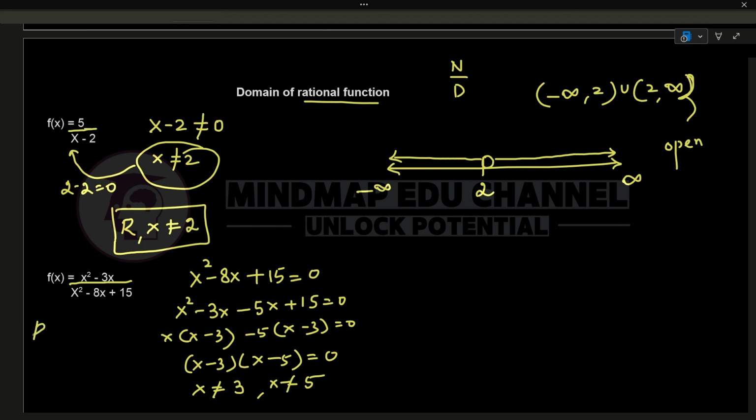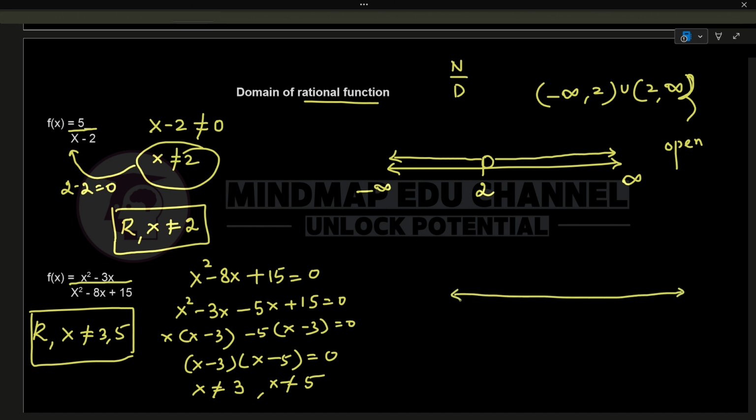So, what will be the domain? Domain will be all real numbers except 3 and 5. Clear? Now, in interval notation, mark these numbers on the number line. So, here is 3, here is 5, from minus infinity to infinity.